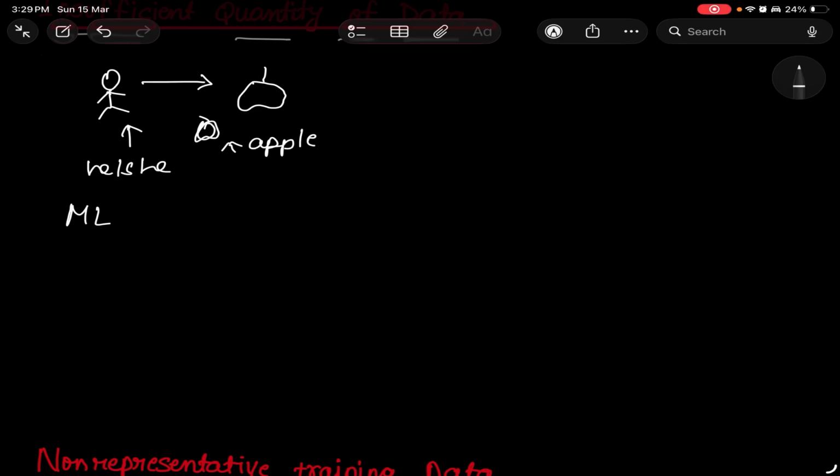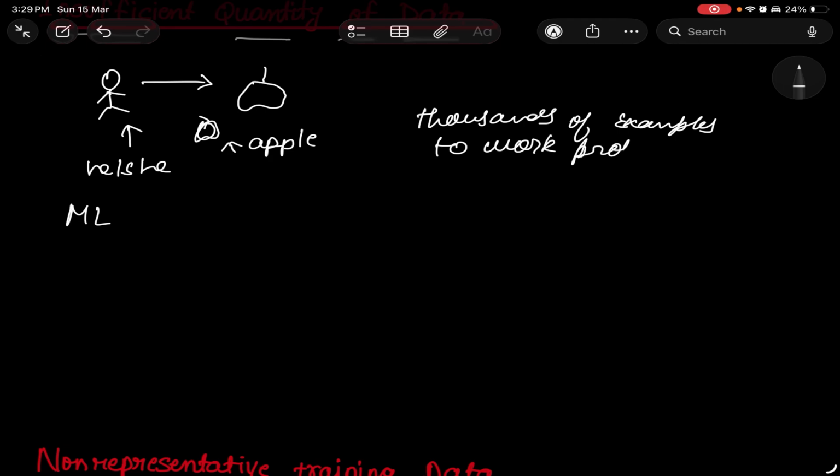To work properly, we need thousands of examples. And if it is a complex problem, we need millions of examples. Are you getting that?